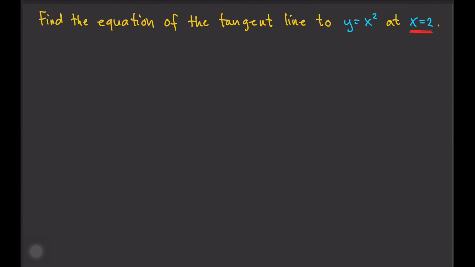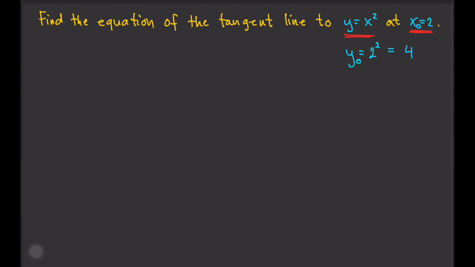Well, we just plug it in to our function. So y equals 2 squared, and that will give us 4. This will be our x sub o and y sub o: x sub o is 2 and y sub o is 4. We now have our point.